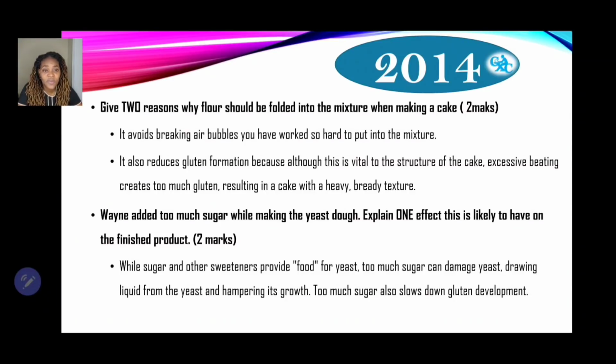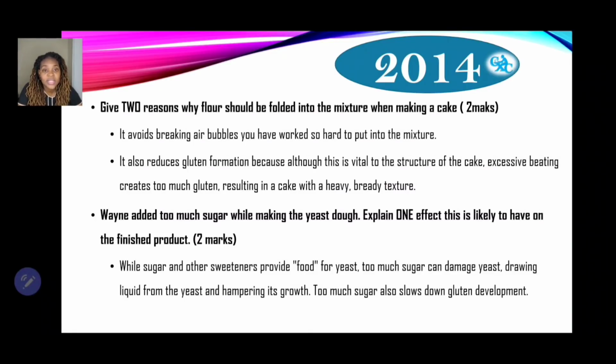Now 1, it avoids breaking air bubbles you have worked so hard to put in the mixture, right? Especially if it is a sponge cake, right? When we're adding the flour, we have to be very, very careful of how we incorporate or how we fold in the rest of the flour, right?